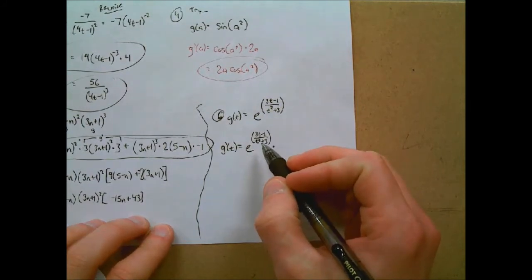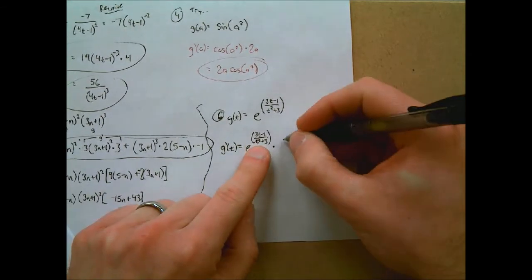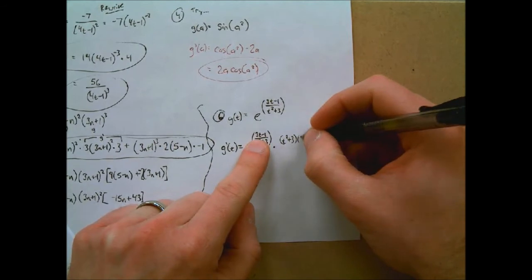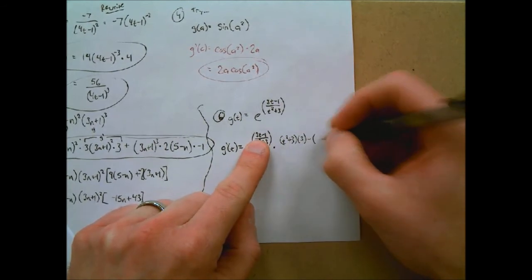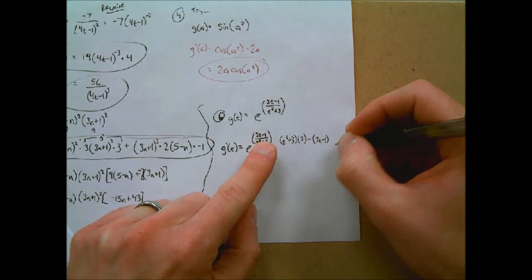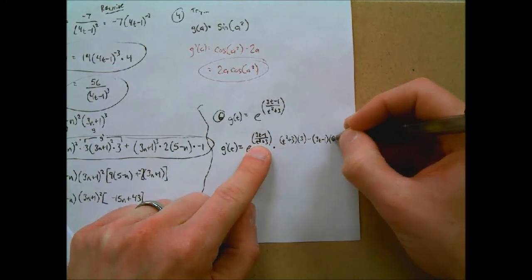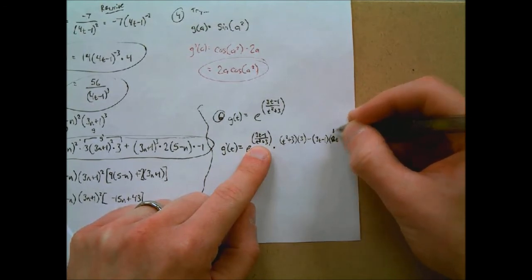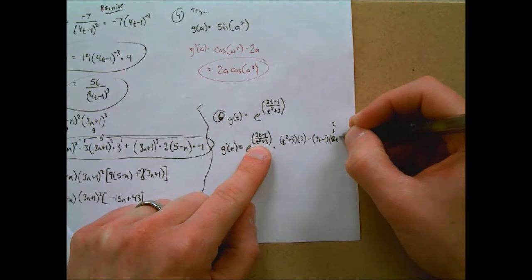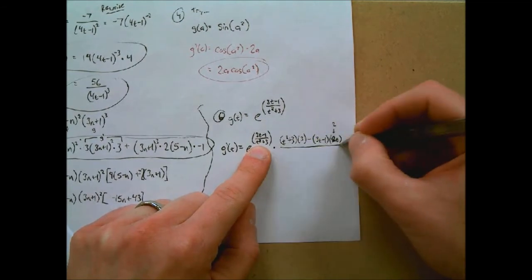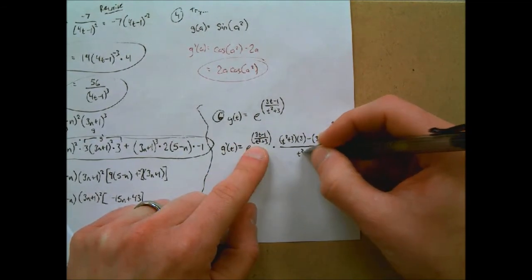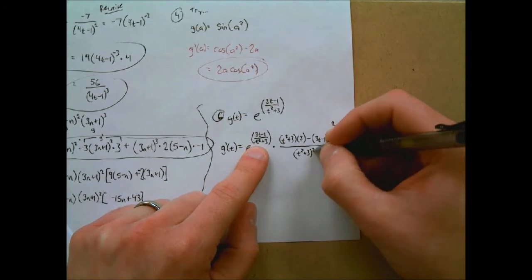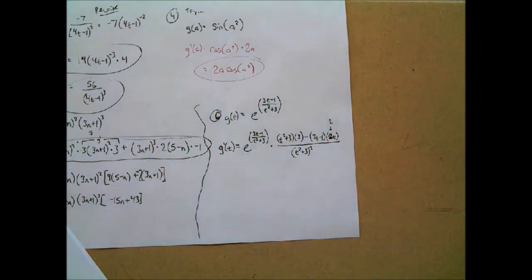So it'll be the bottom times the derivative of the top, so 3, minus the top times the derivative of the bottom, so, why am I saying 6? 2t, that's a 2. Okay, all over the bottom squared. Do we need to simplify? Nope. We're done.